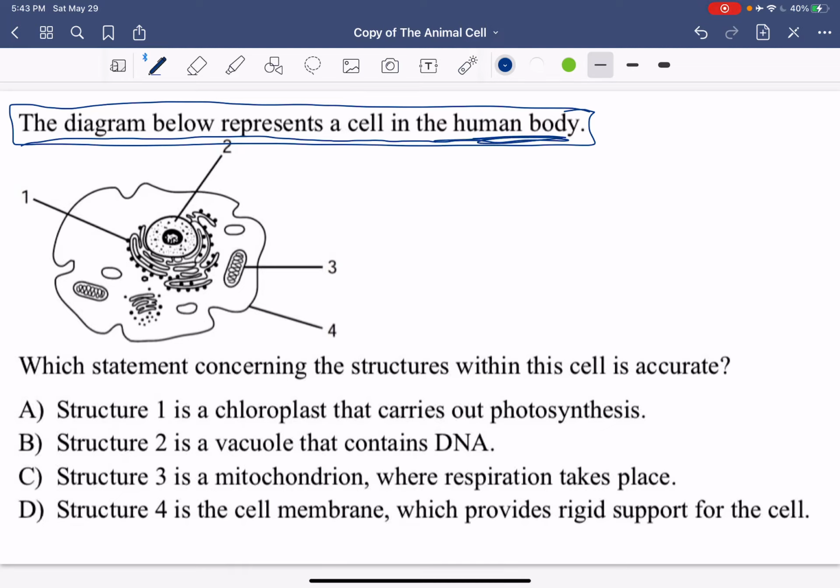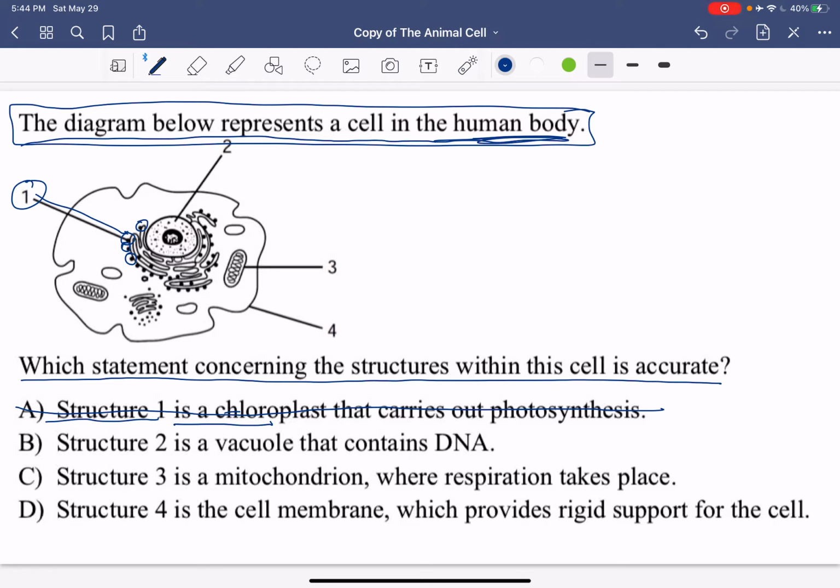Which statement concerning the structures within this cell is accurate? Structure 1, before you even continue to read, look at structure 1. They're talking about the ribosomes. Is a chloroplast? I don't even need to finish. That is definitely not a chloroplast.